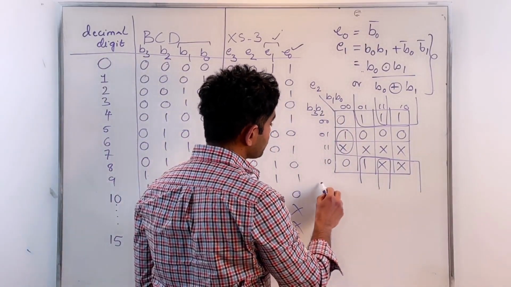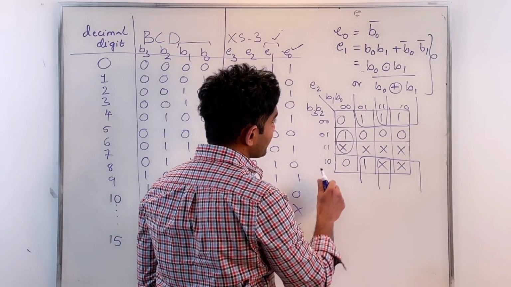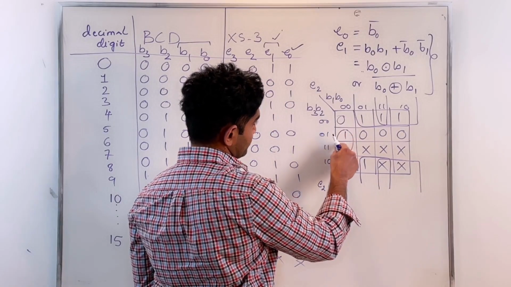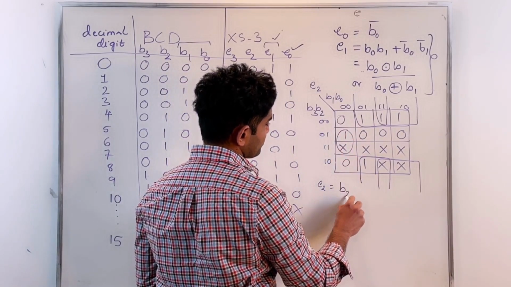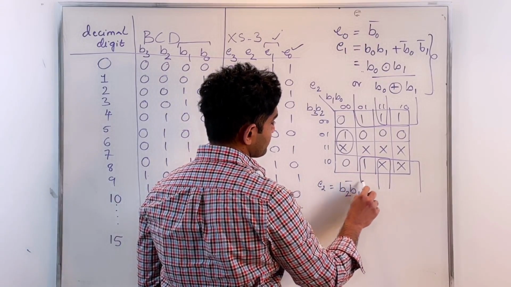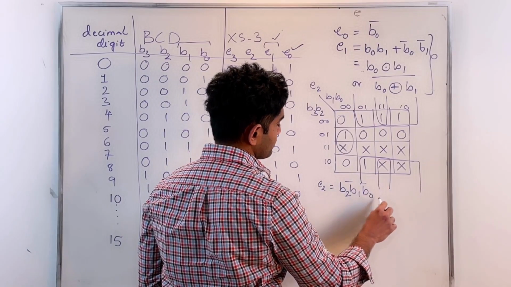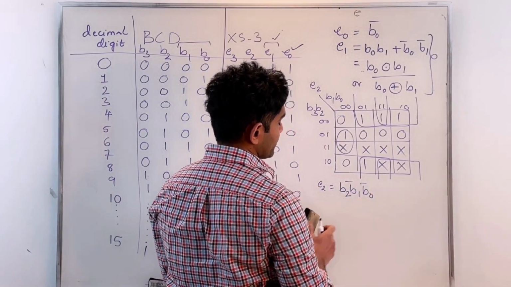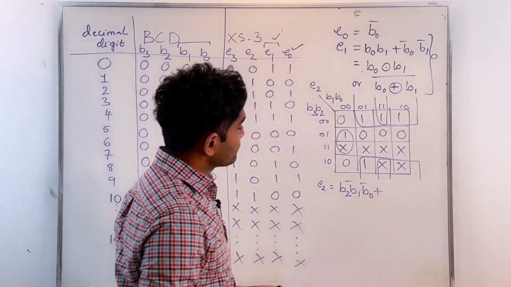And I can write E2 as, so in this case, going from this cell to this cell, I have B2, and then B1 prime, B0 prime, plus I have 2 more prime implicants.